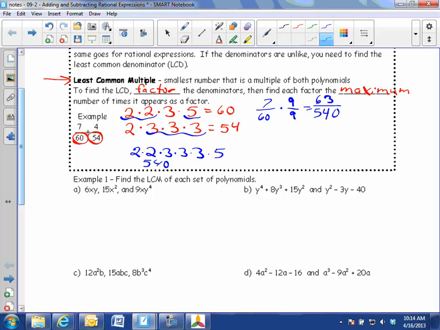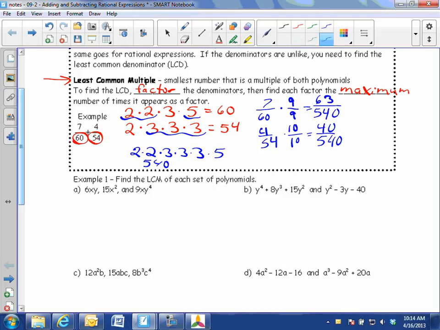Okay, so this is our new fraction. Now let's do 7 over 54. That's easy, times 10 over 10, so 4 times 10 is 40. Because 540 divided by 60 is 9, so 60 times 9 gets us 540.